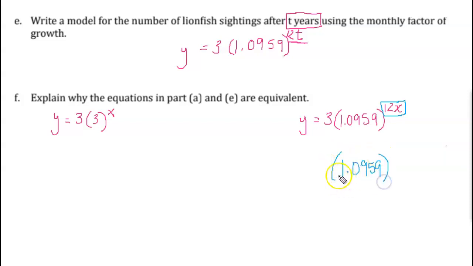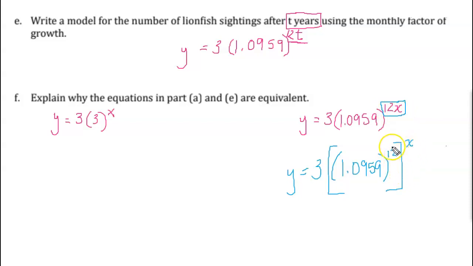So I could rewrite this as 1.0959 to the 12th power, all being taken to the x power. 3 was still out here, didn't do anything to it, and y was still out here. So this is still the same thing. They're still equal, because if you take a power to a power, you just multiply the exponents.